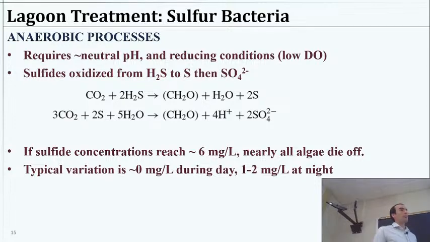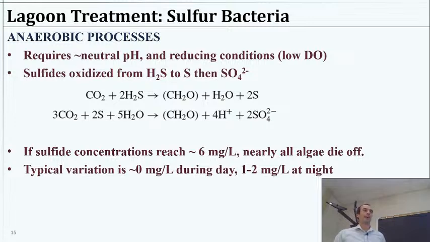So that's another component here. We really need those algae there to produce our oxygen, and we really need that oxygen to produce our sulfate from the sulfide. And so if the sulfide happens to get too high concentration, it's going to kill off all the algae, and then you're going to have no oxygen anymore, and then you're going to have a lot more sulfide.